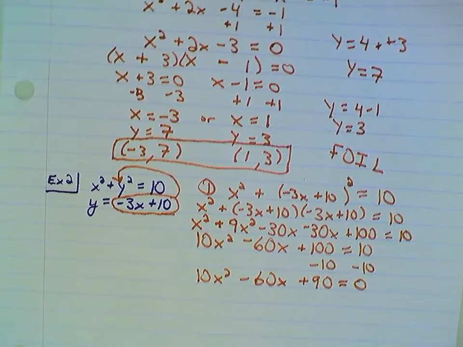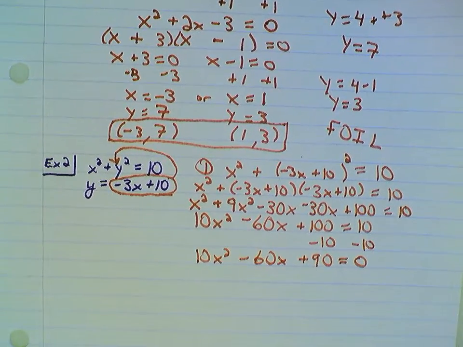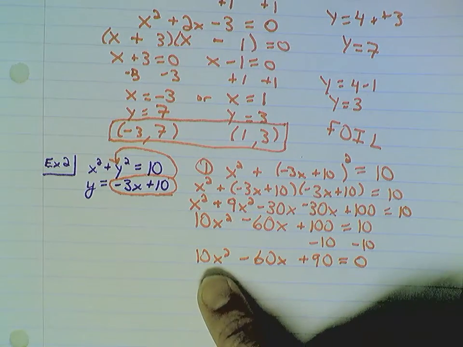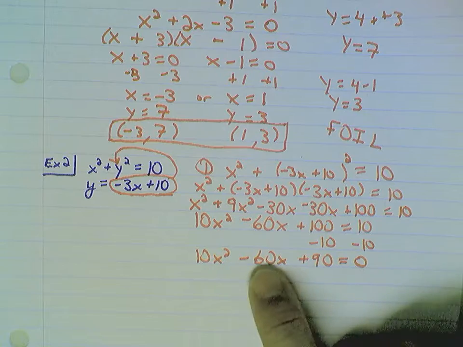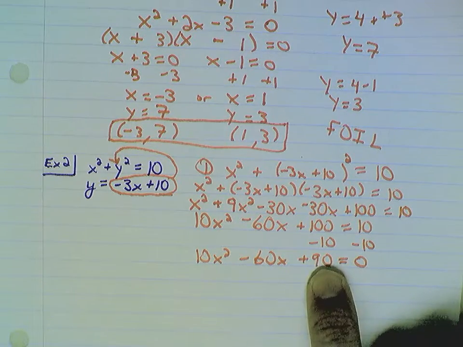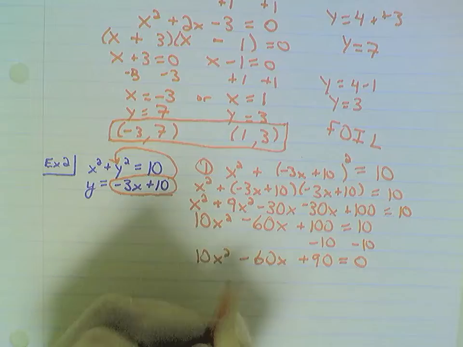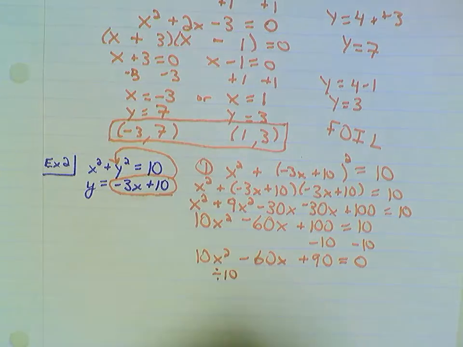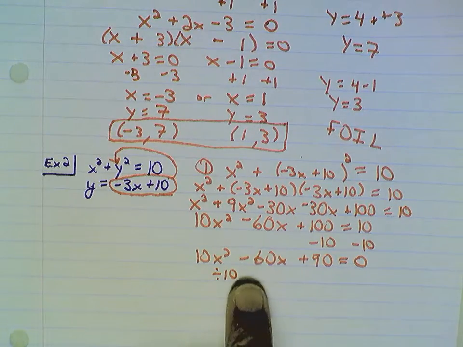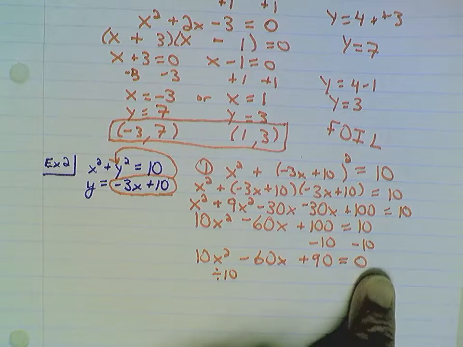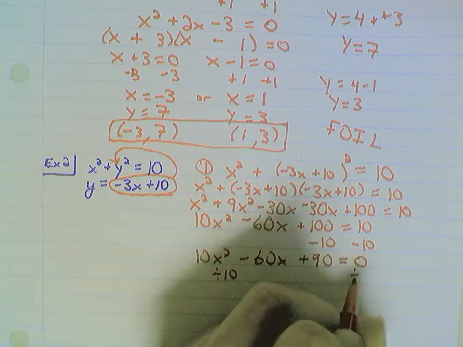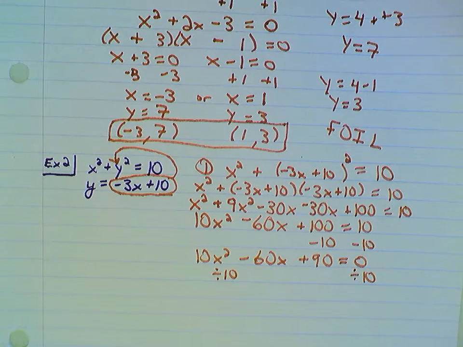And if you notice, these numbers are relatively big, so I don't want to quite factor yet. What I'd like to do is somehow take out a number that is common with each of these. And if you notice, they're all multiples of 10. So what I'm going to end up doing is dividing by 10. But whatever I do to the left-hand side of the equation, I need to do to the right-hand side of the equation. So I need to divide that by 10 as well.